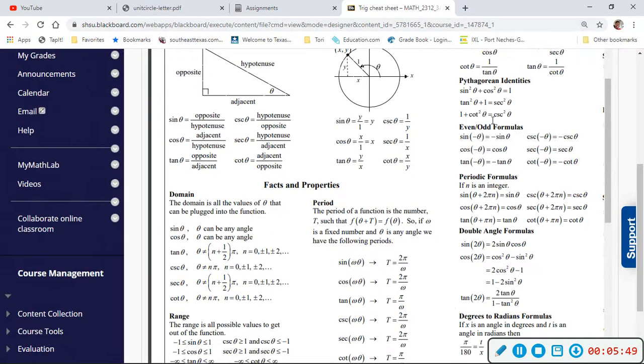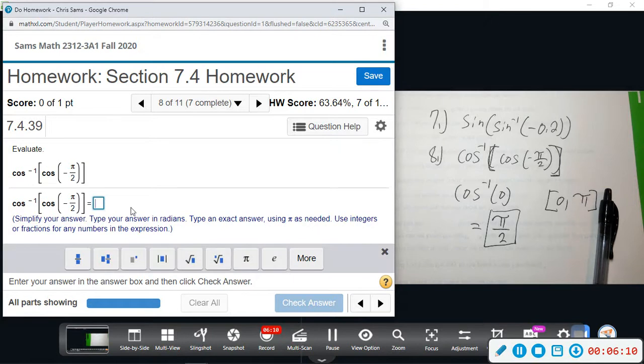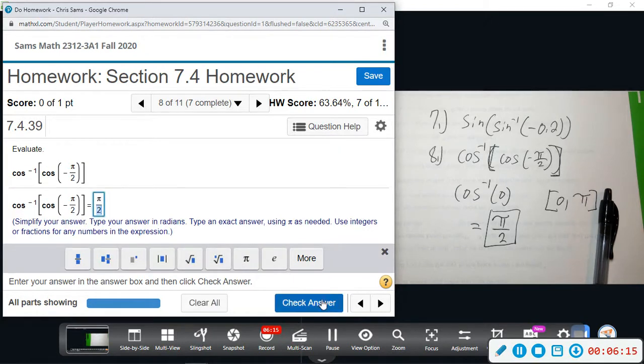So right here, the even and odd shows you that if you have a negative angle with sine, your ultimate answer will be negative. If you have a negative angle with cosine, your final answer will be positive. So it gives you the positive of it. So that's another thing that can help you explain why it changed signs. But it's coming from the composition of function formula. So just pi over 2, pi divided by 2, and that gives your answer here.